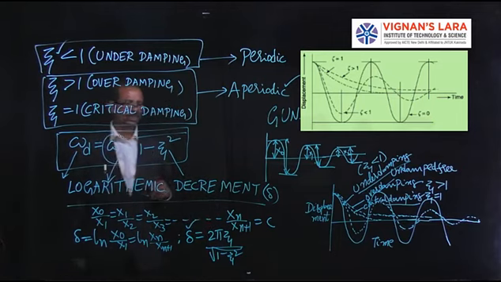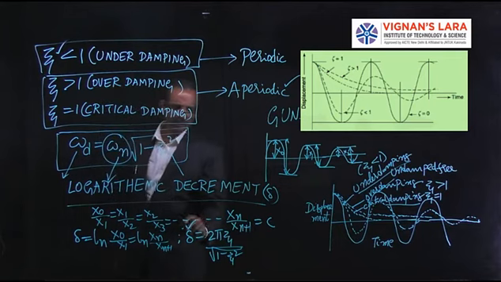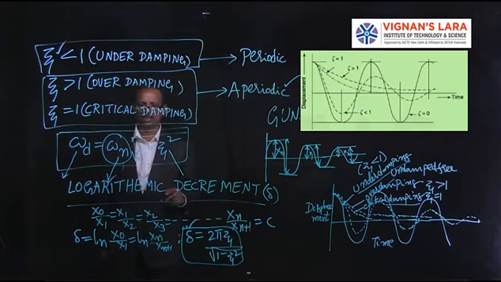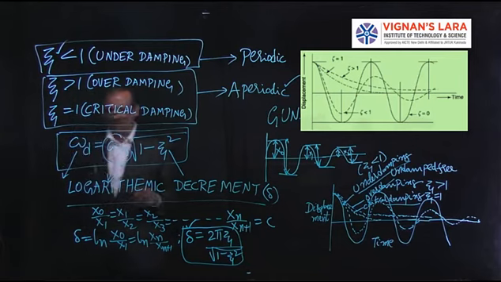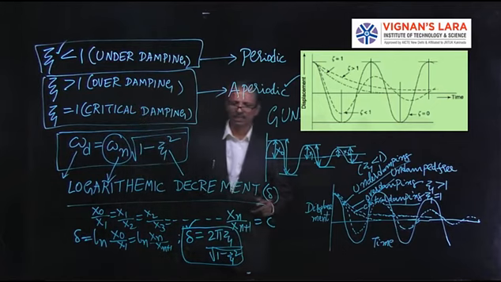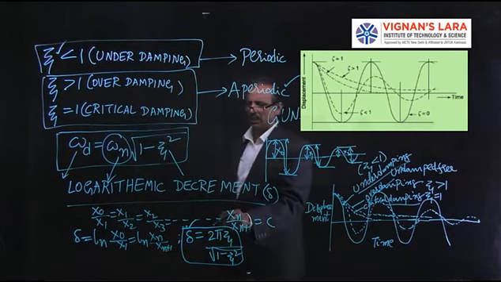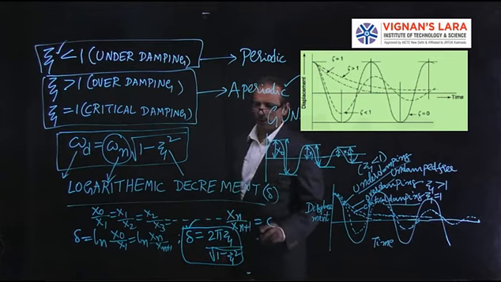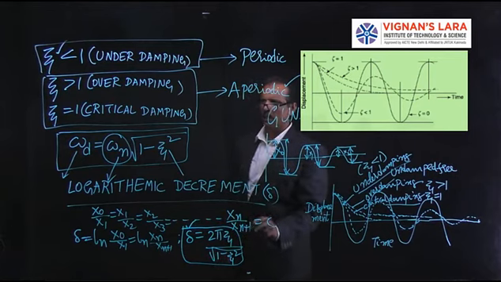So the relation between the logarithmic decrement and the damping factor is delta equal to 2 pi zeta by root over 1 minus zeta square. This is very commonly used in problems, isn't it? You can use this logarithmic decrement to solve problems in subsequent lectures. We will see the beauty of this term delta and this relation between delta and zeta.